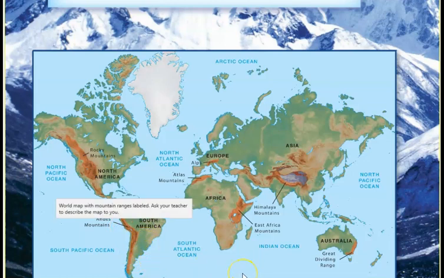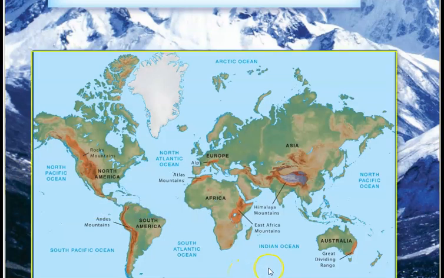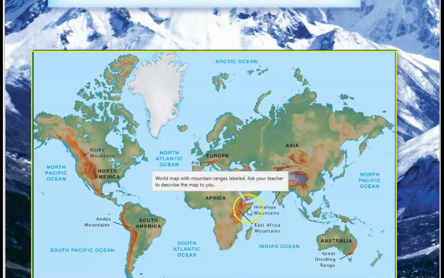Okay, and then we can see some other mountain ranges as we look at our different continents and countries over here. So Africa is right here, and it looks like we have the East Africa Mountains and the Atlas Mountains that they're showing us in Africa.